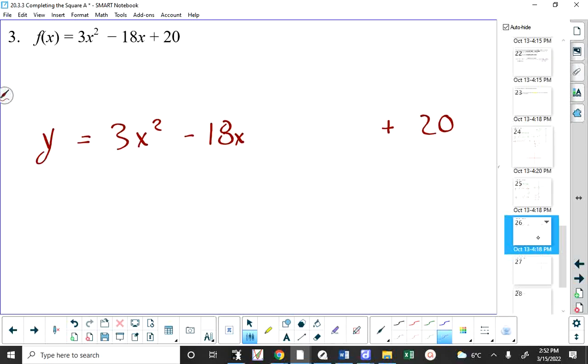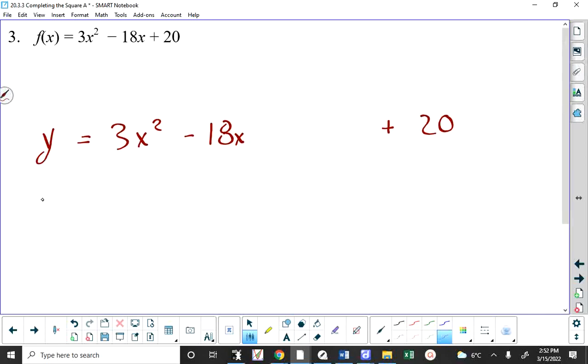But we can make this coefficient in front of the x squared 1 by factoring 3 out. If I factor 3 out of 3x squared, I'm left with x squared. If I factor 3 out of -18x, I'm left with -6x. I don't factor the 3 out of the 20 because the 20 is not part of this little game of the perfect square.